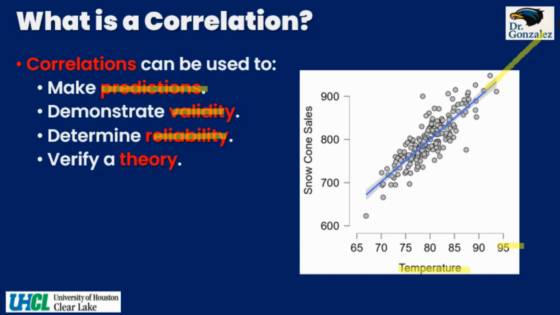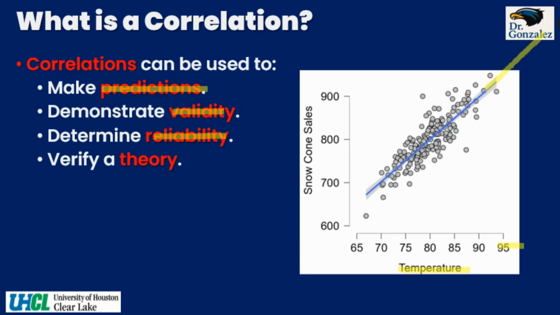So I'm checking validity. And then I would check reliability by saying every time I administer this survey, is it reliably measuring what I want it to measure? Are there times when I give the survey and it doesn't measure? Maybe it measures something else. So determining reliability and demonstrating validity are two things that we use for survey development of items that use correlation as a statistic to help prove them.